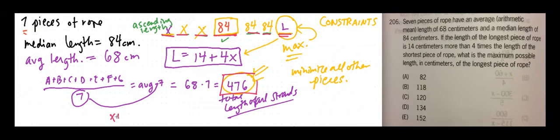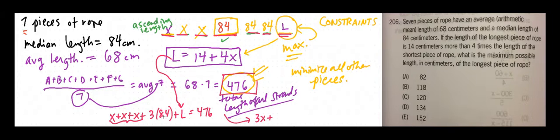So you have x plus x plus x plus 3 times 84 plus L equals 476. See what L is too. We're going to put that L in here. So this is 3x plus, what is this equal to here? 12, carry the 1, 24, 25.